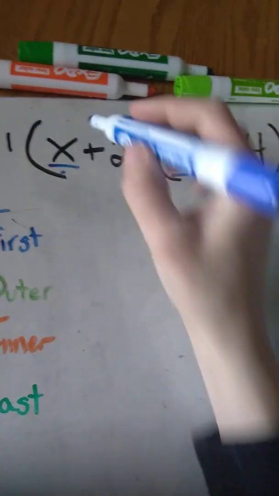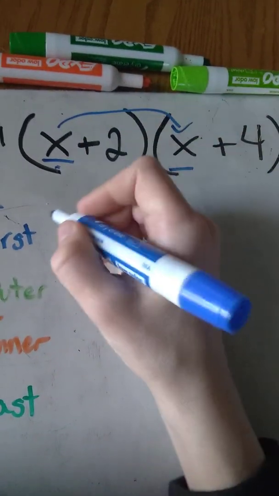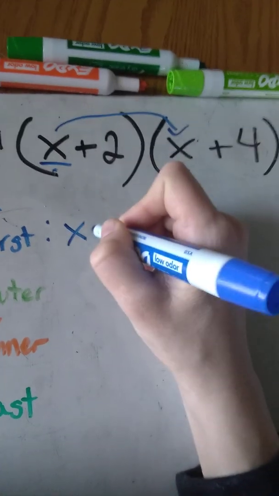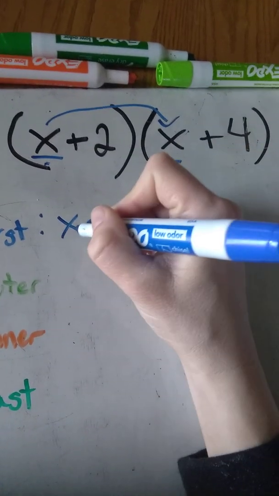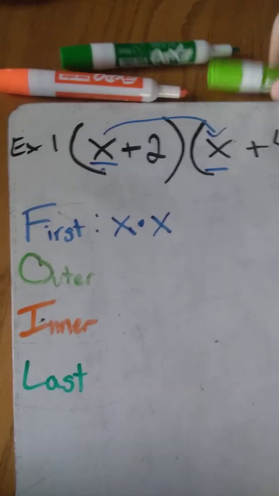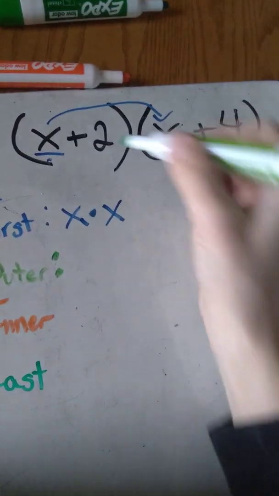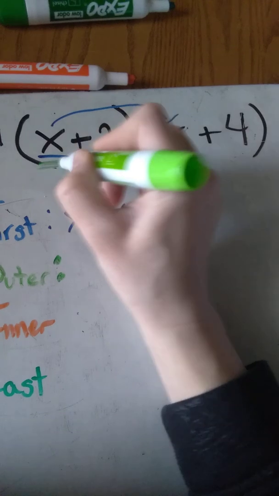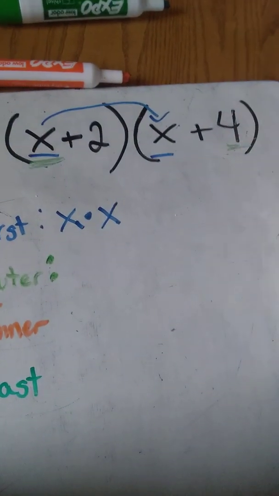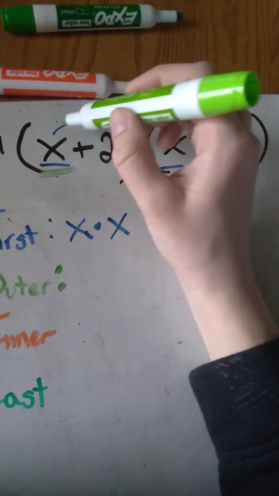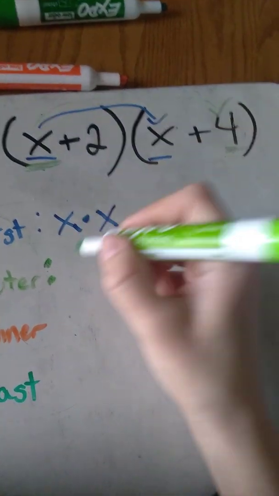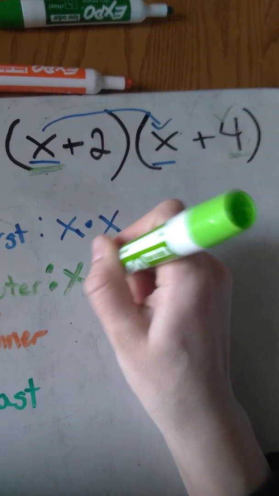So in other words, I'm doing x times x. The O stands for outer terms. So now I'm going to take my outer sides of my parentheses here, and I'm going to distribute the x times the 4. So I get x times 4.